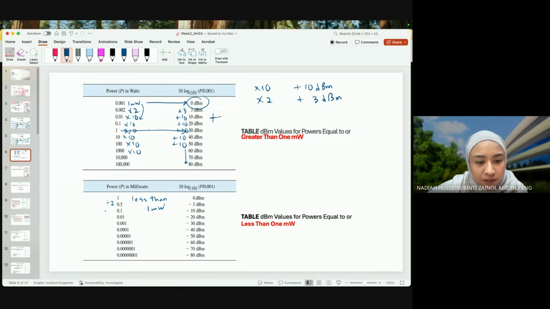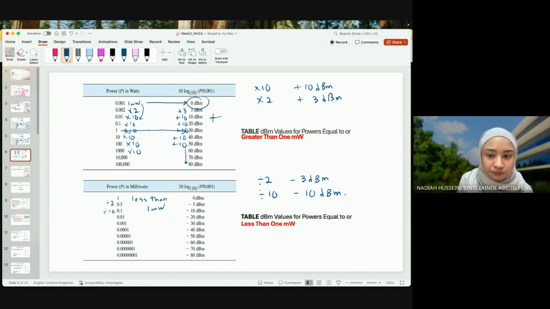What if 1 divided by 10? You get minus 10. So anything that is divided by 2 is minus 3 dBm. Anything that is divided by 10 is minus 10 dBm. That is the pattern if you want to memorize. Otherwise, just convert it using the equation.